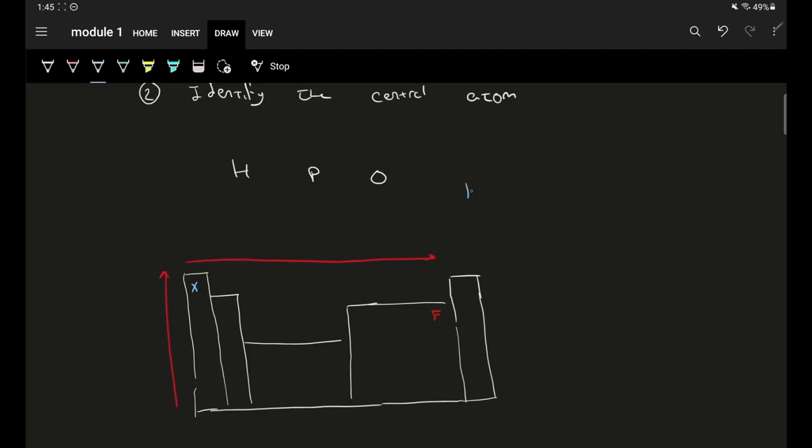While hydrogen is the least electronegative, hydrogen has only 1 valence electron and thus can only form 1 bond. So it doesn't make a great candidate for the atom holding everything together. Well, what's our next best option? That would be phosphorus. And so phosphorus will be our central atom.